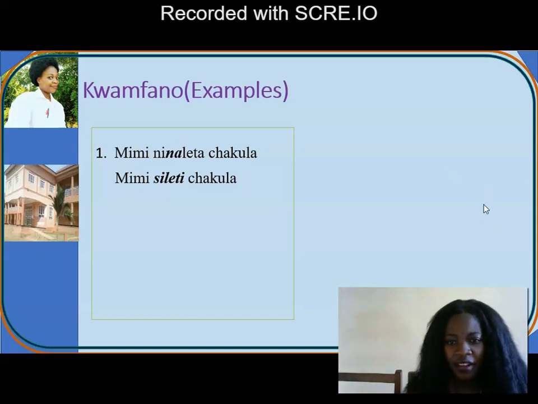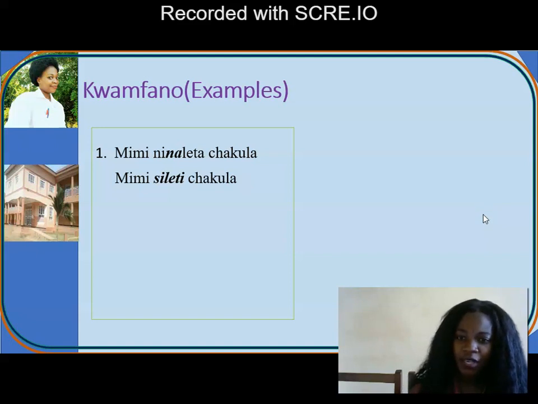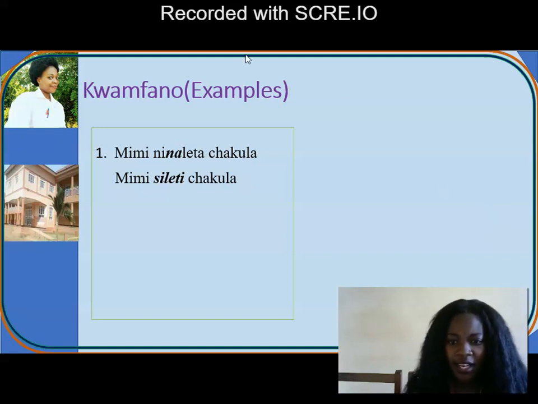Therefore here we are going to put si where you see ni. And other words like chakula are going to remain as they are. So our negative statement will be mimi sileti chakula. This one changes to this one, as this one changes to this one.